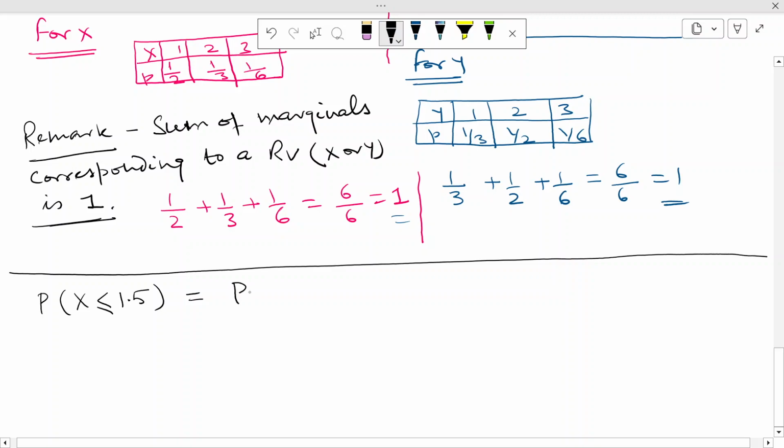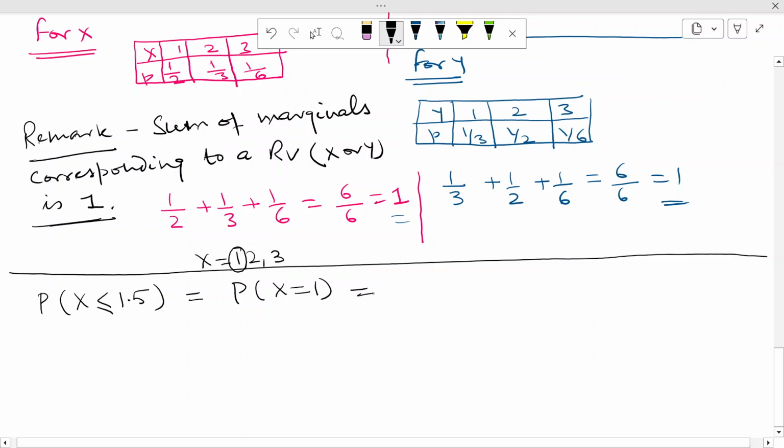We know that x has three values 1, 2 and 3. Out of these, only the first value, which is 1, satisfies this restriction. So we have the probability of x equal to 1.